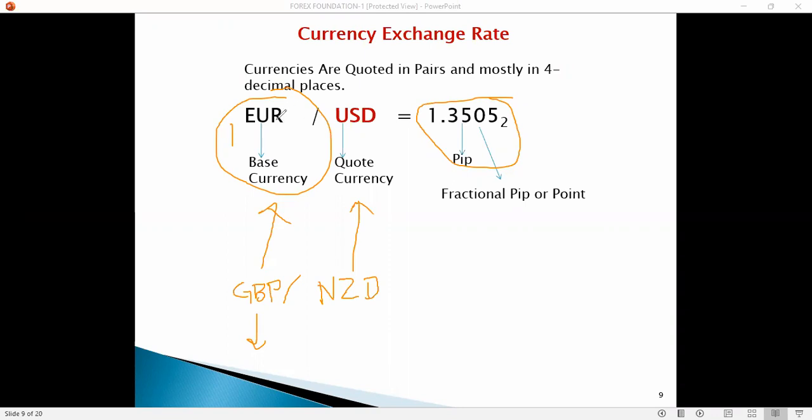The currency at the left hand side, which is known as the base right here, is always regarded as 1. So that is why this is the currency you are dealing with. Anytime you are trading, any currency at the left hand side is the one you are dealing with, because it's always as 1.